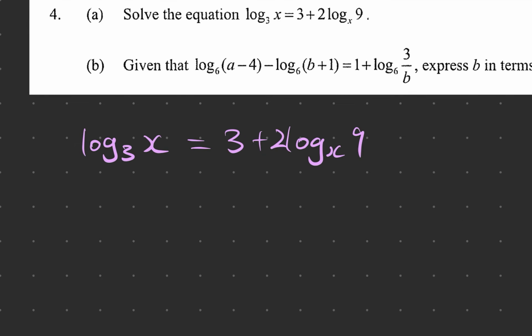What I'm going to do is try to make all the log bases the same. So I'm going to try and fiddle with that for a while. So 2 log base x of 9 equals log base 3 of x minus 3.